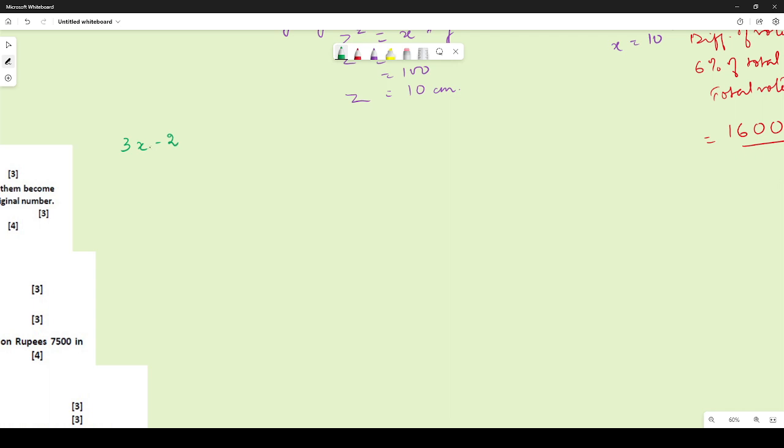So the question is: (3x minus 2) by 10 minus (x plus 3) by 7 plus (4x minus 7) by 3 is equal to x minus 1. Now if you look at this, the total LCM is going to be 210.